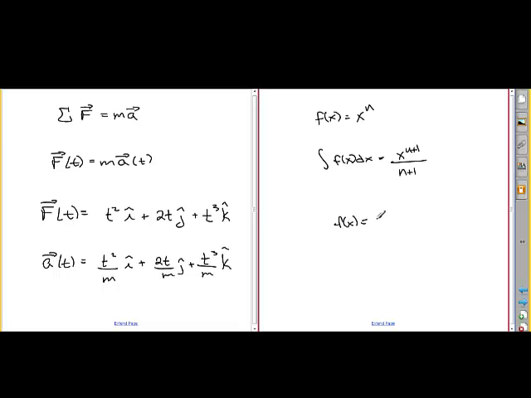So if f of x is 20t, then the integral of 20t dt is equal to 20 times the integral of t. Well, t is the first power, so you add 1, and you divide by the new exponent. So the answer would be 20 divided by 2 is 10, you get 10t squared. So that is how the integration works.